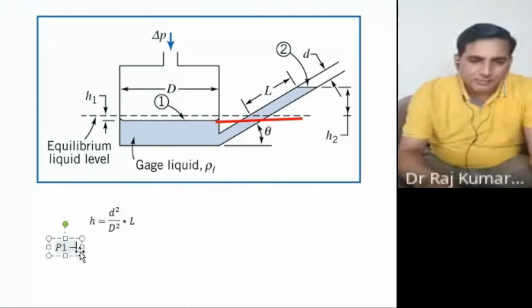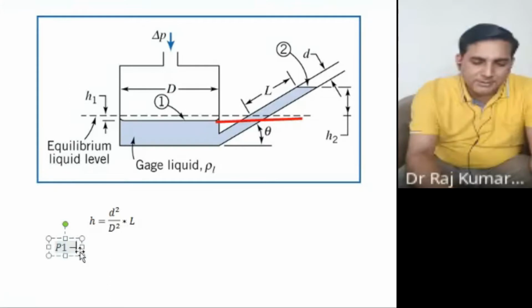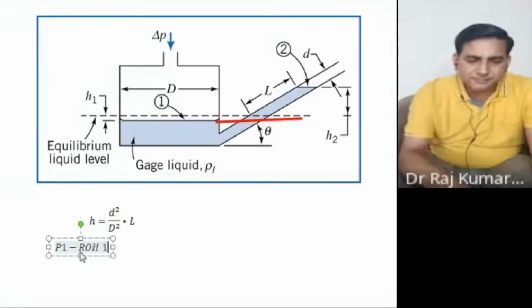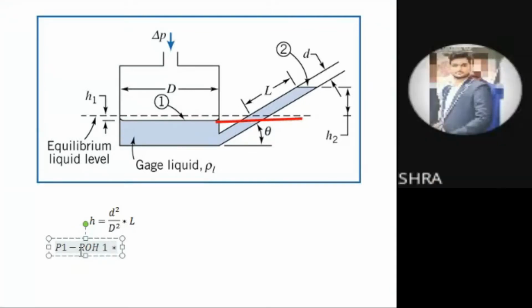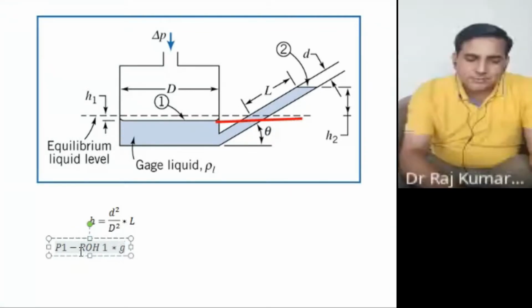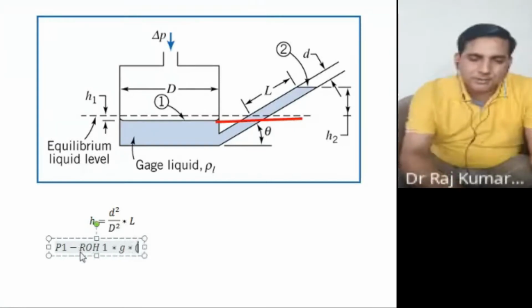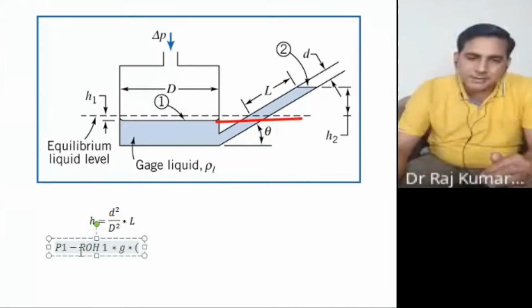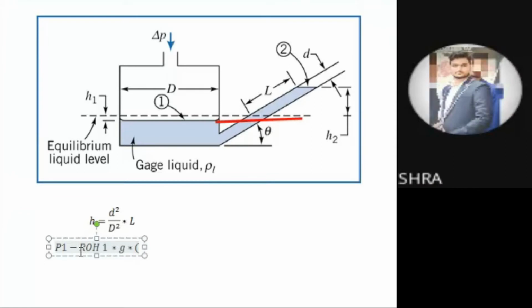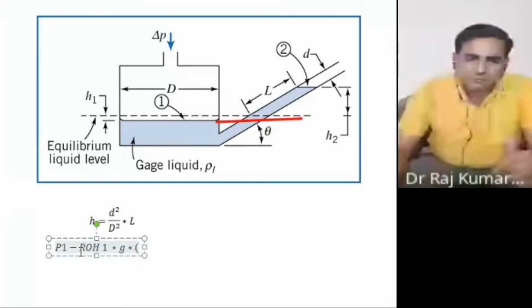So you have here rho 1, rho is the density of the fluid. You are multiplying it by G, right? And then after that you are multiplying by H. So अब H कितना हो? H1 plus H2. You have H1 plus this H2, right?